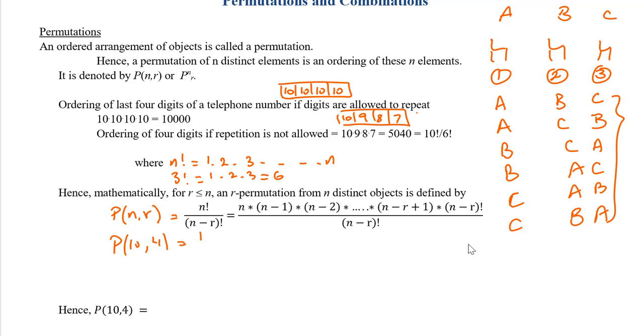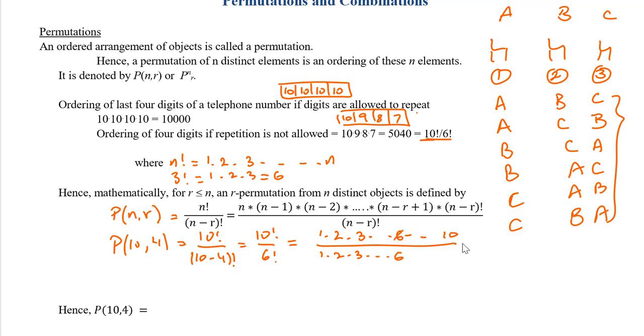So basically this is 10 factorial divided by (10 minus 4) factorial. What is 10 minus 4 factorial? This is 6 factorial. That's how we get here. And again, what is this? This is 1 times 2 times 3 all the way to 10, and at the bottom is 1 times 2 times 3 all the way to 6.